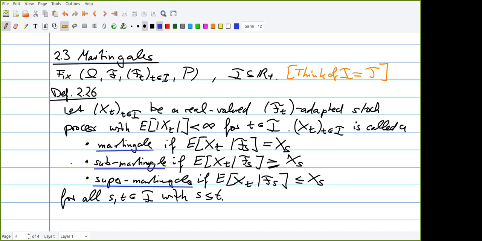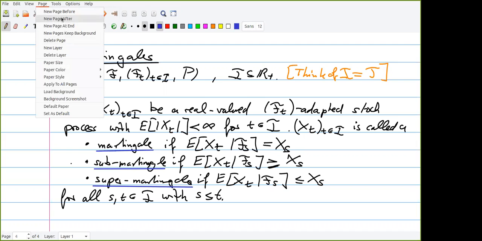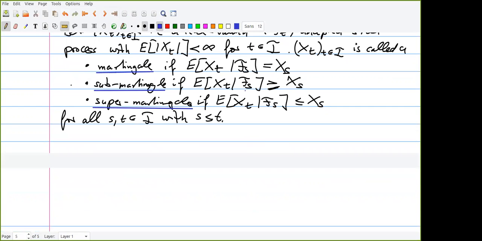All right, here we are. One trivial remark, but I think it's good that one is aware of it in the following: every martingale is, by definition, a sub and a super martingale.